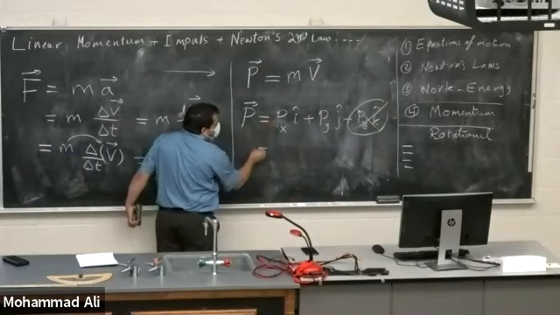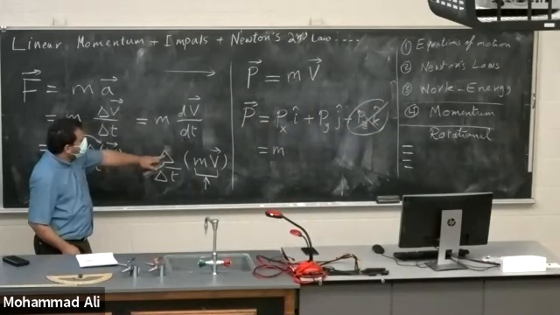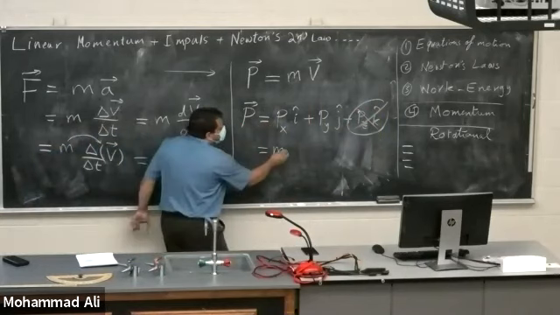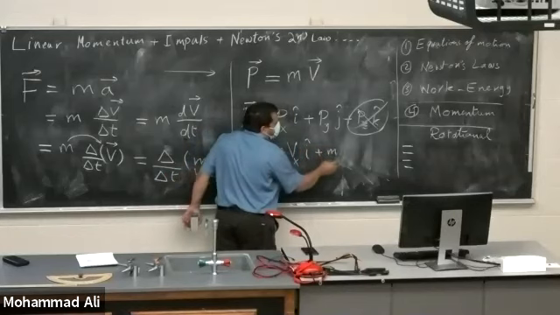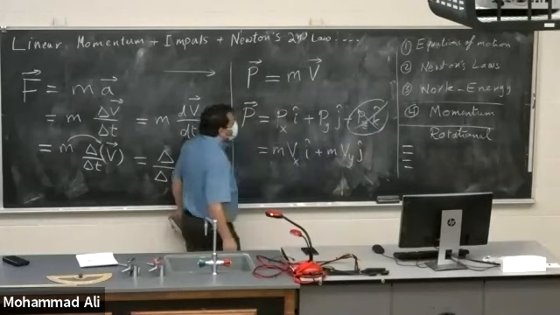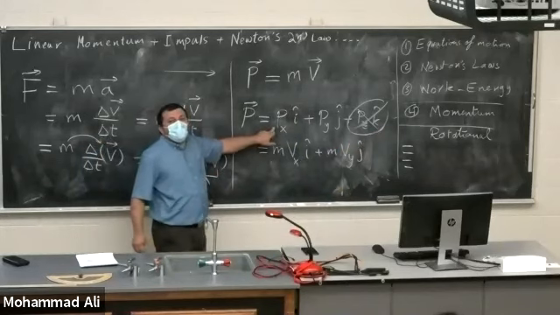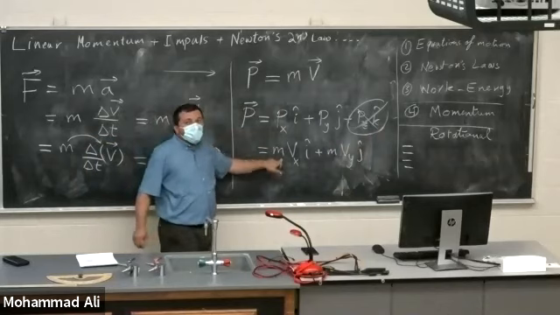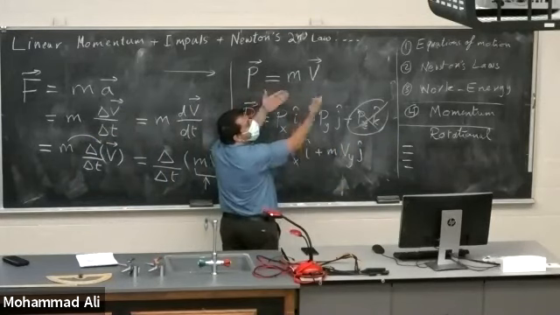And Px is equal to the mass multiplied by Vx, which is the velocity in x direction, i hat, plus the mass multiplied by Vy in j direction, and the z direction. It is simple. Px, the momentum in x direction, is mvx. The momentum always is mv.